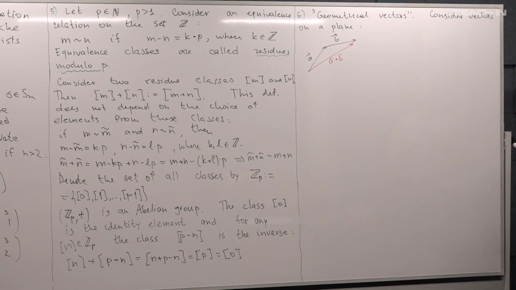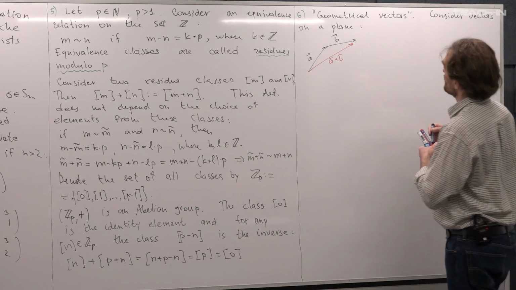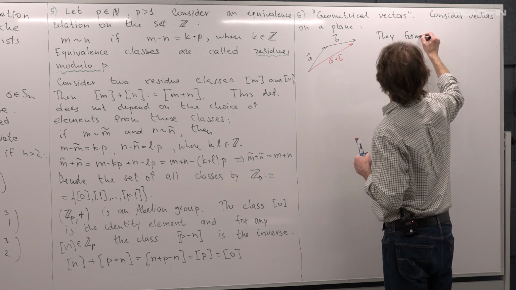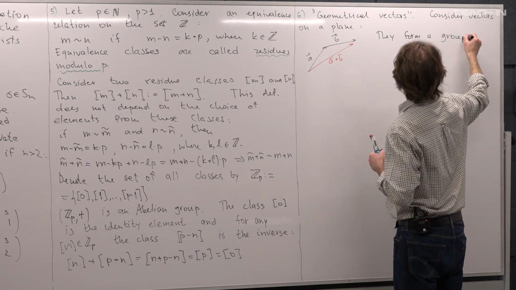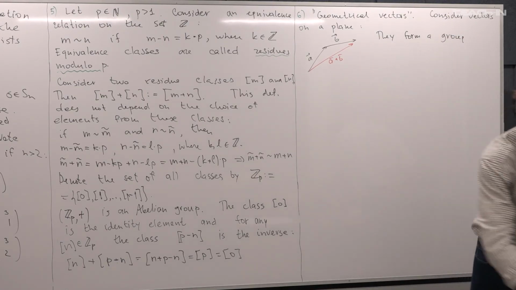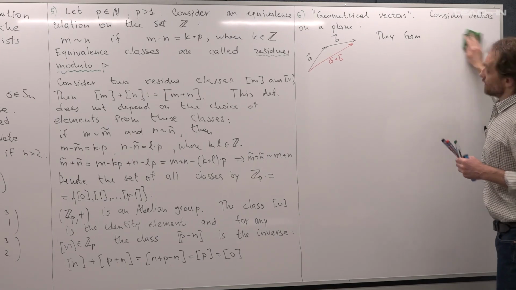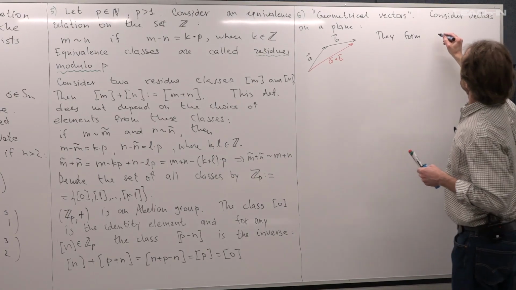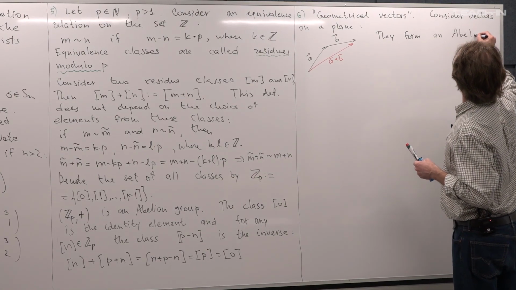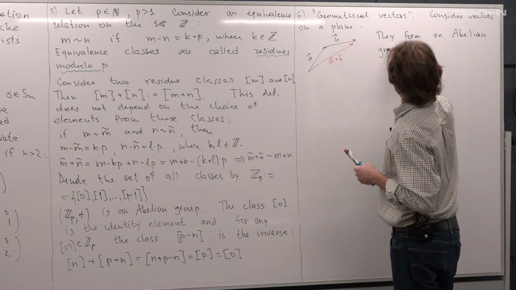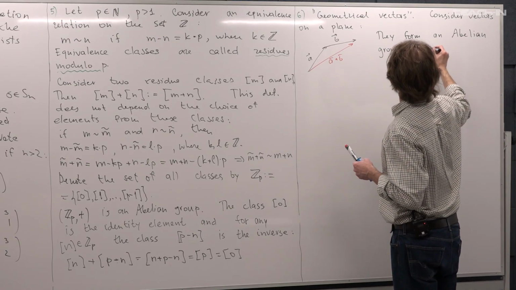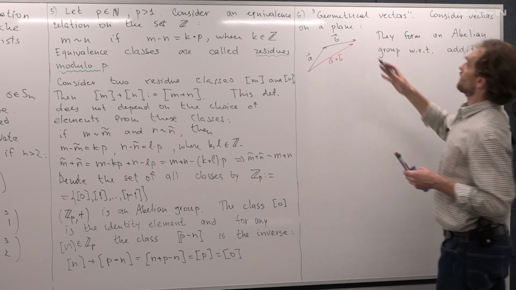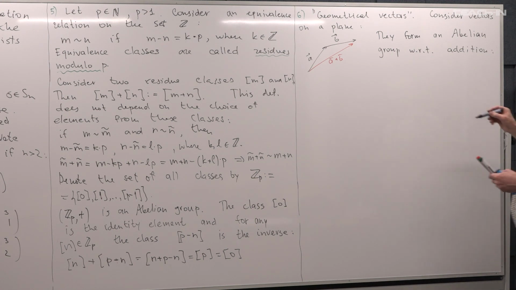And so geometrical vectors form a group, or better to say an abelian group, with respect to addition. So this is how we add two vectors.